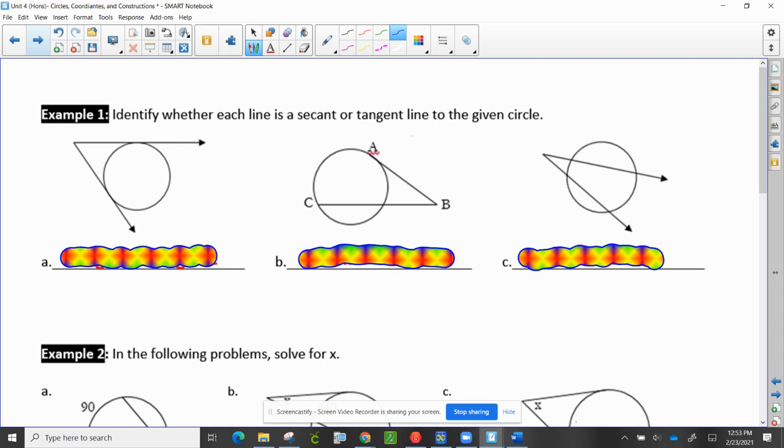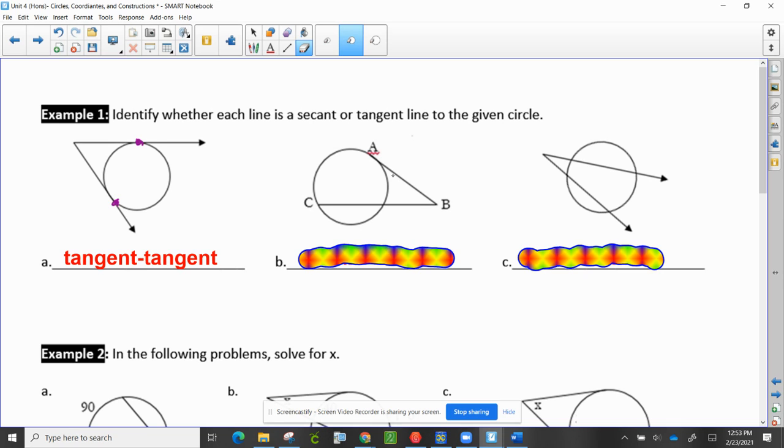We're going to start by identifying which line is secant or tangent to the given circle. Looking at this picture, would this be secant or tangent? Same thing with the second picture and the third picture. Go ahead and fill in those blanks. In the first one you can see that it only passes through 1 point each on the circle, so this would be an example of tangent, two tangent lines.